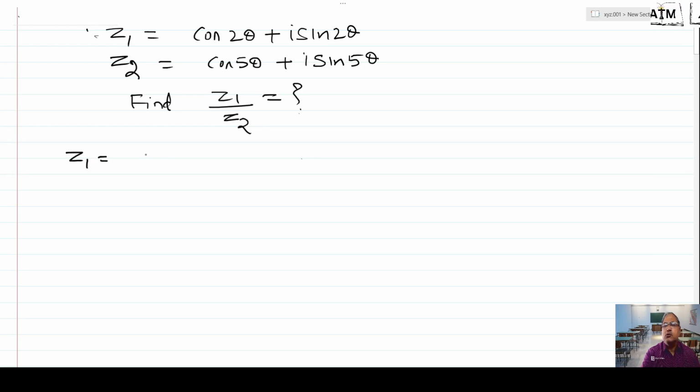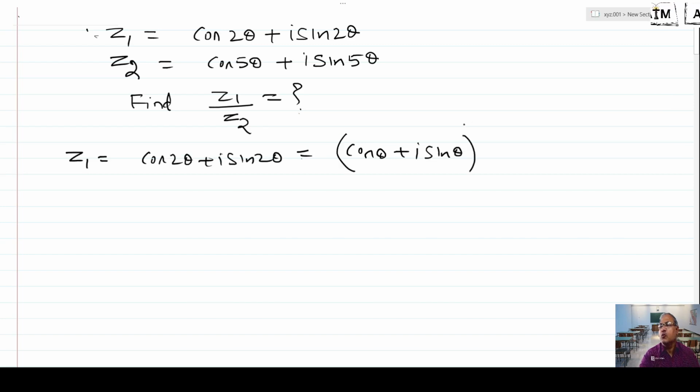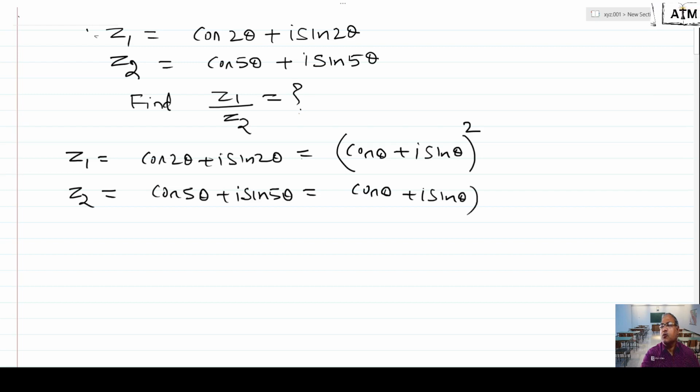So Z1 equals cos 2 theta + i sin 2 theta, which equals (cos theta + i sin theta) raised to 2 by using De Moivre's theorem. Now Z2 equals cos 5 theta + i sin 5 theta, that is equal to (cos theta + i sin theta) raised to 5.